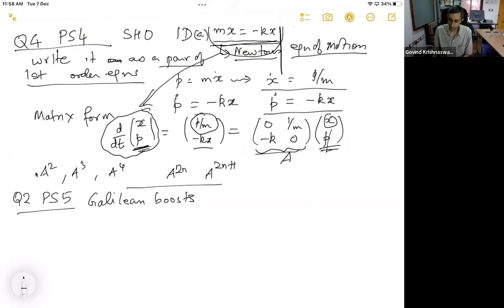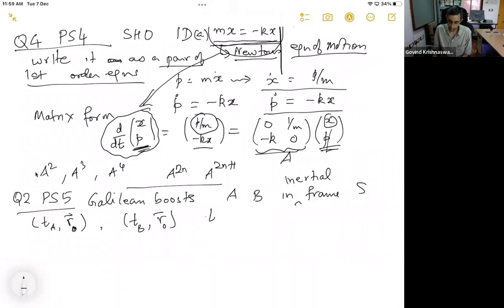We were told that you have two events, A and B, which in inertial frame S occur at some time t_A and some location with coordinate R0, and the other event occurs at t_B, but at the same location, same coordinate R0. But t_B is, let us say, more than t_A. So they are at distinct times.